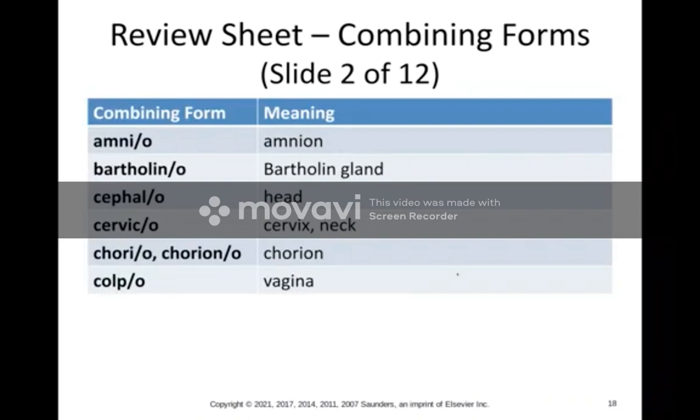Okay, let's look at our combining forms. A lot of these are repeats from our last lecture as well.